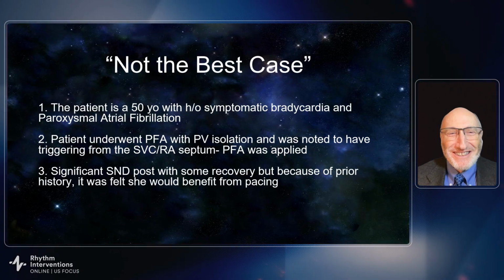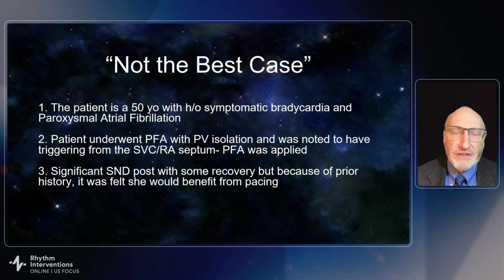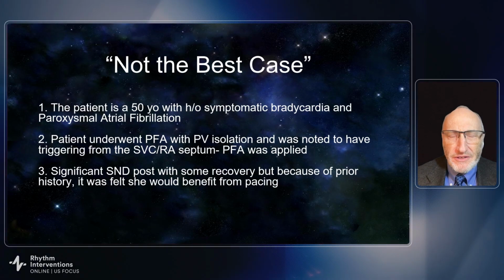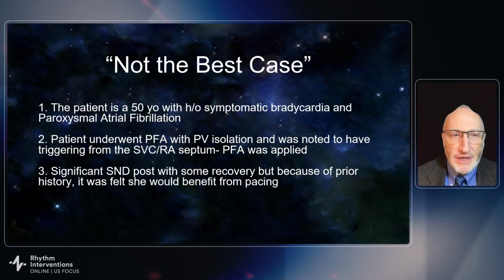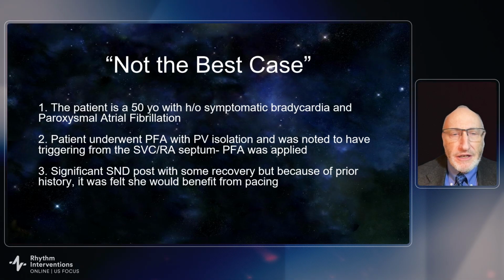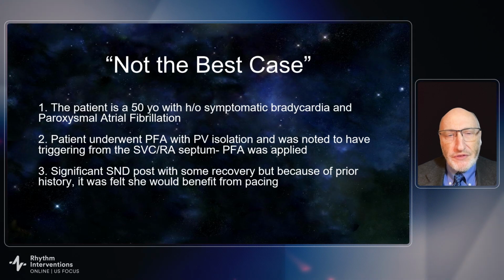So what I'm presenting today is kind of not the best case, but I think it's instructive in any case. I will show a more practical position. This was a patient who was referred as a 50-year-old with known symptomatic bradycardia complicated by paroxysmal atrial fibrillation.